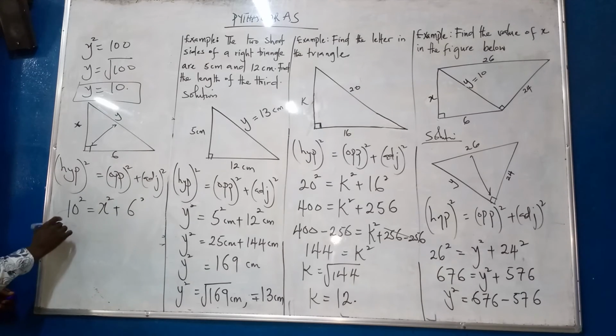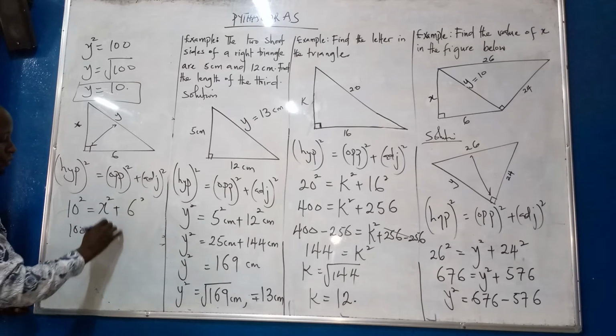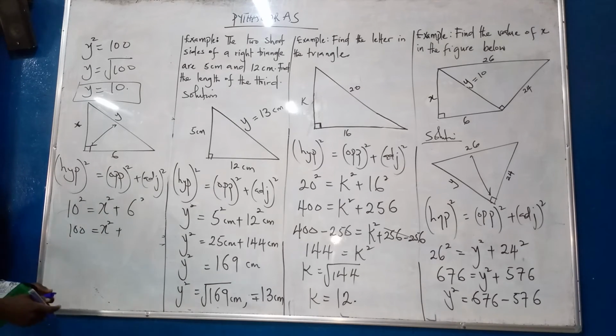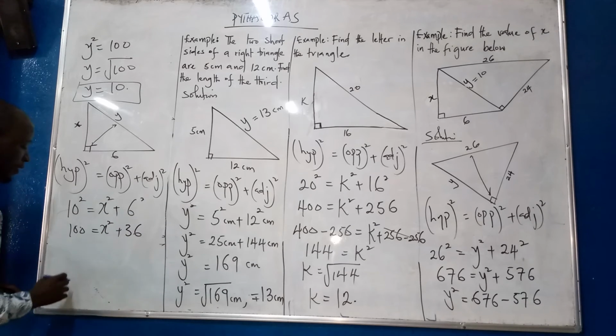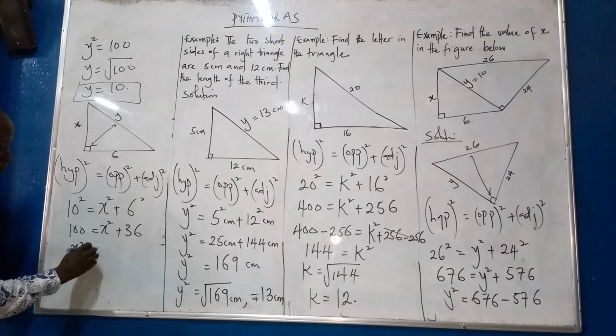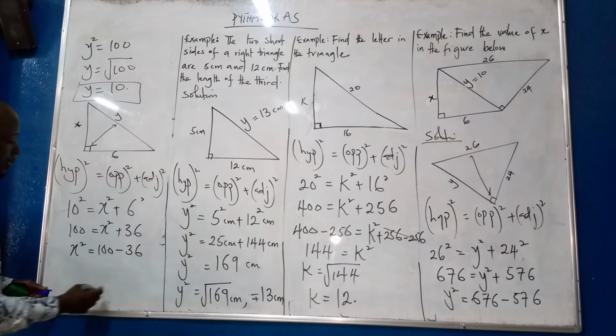Now 10 square will give us 100 equals x squared plus 6 square, which gives us 36. Now making x squared the subject of the formula, x squared equals 100 minus 36.